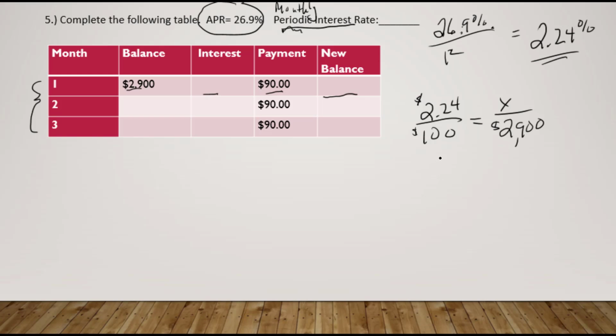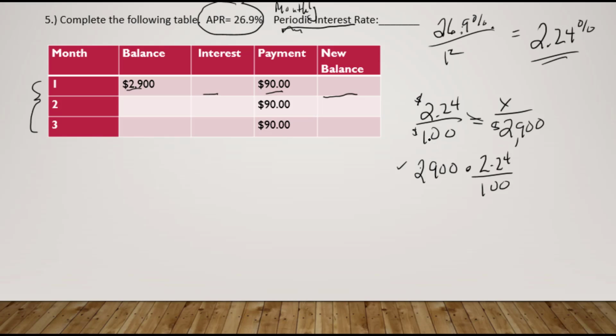Another way of doing that is to notice what you're going to wind up doing. You're multiplying 2,900 times 2.24, and then you're going to divide by 100. So 2,900 times 2.24 divided by 100. So it's the same thing, finding 2.24% of 2,900.